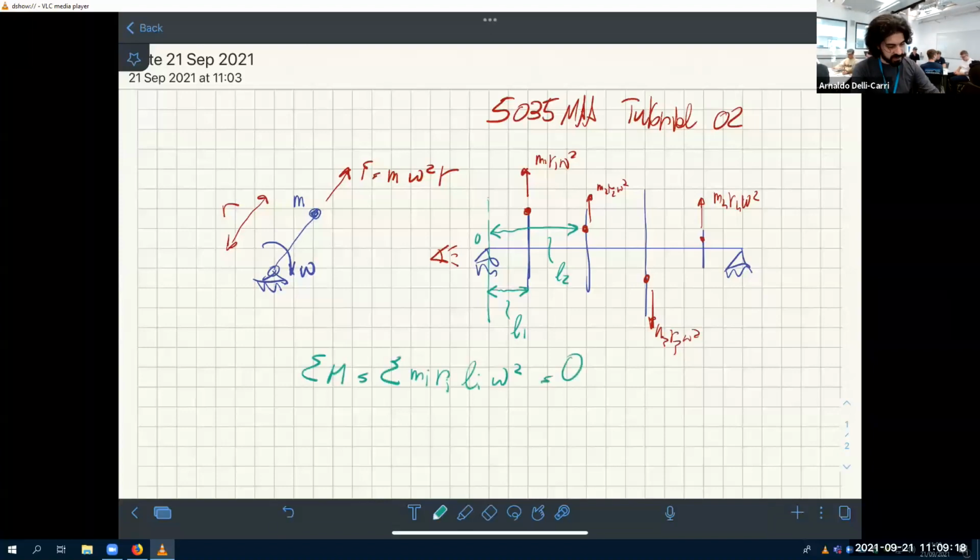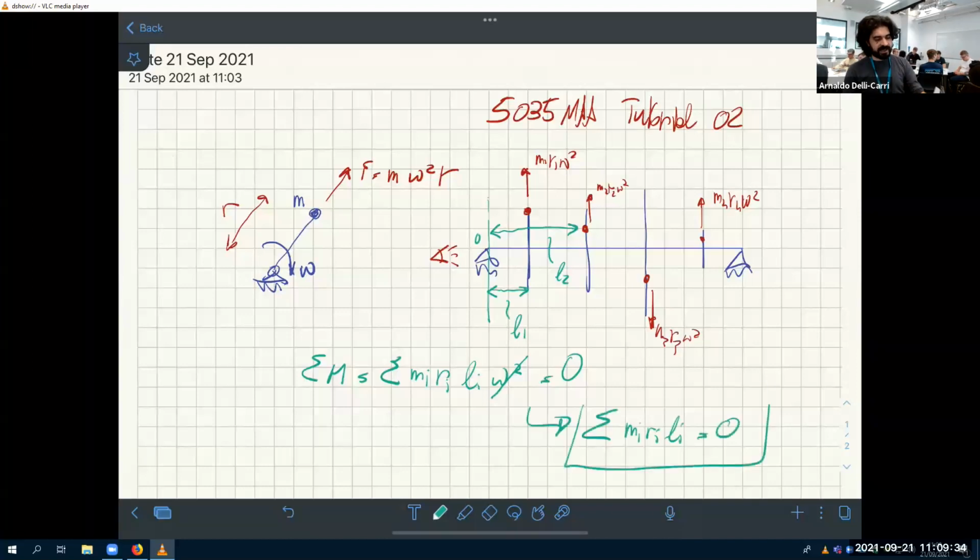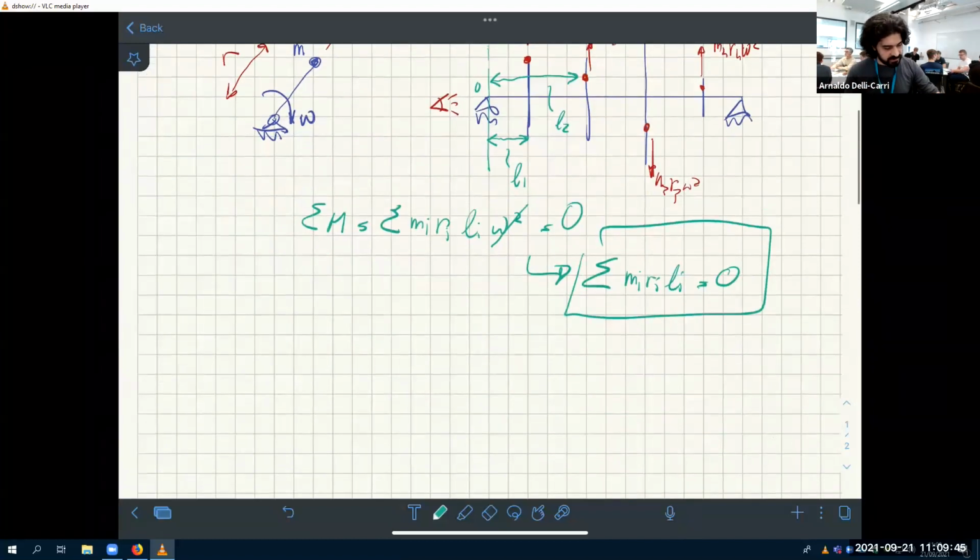Omega squared goes outside of the sum because it's common, so you are left with the sum of Mi Ri Li equal to 0. And this is the MRL diagram. Of course, this is also withstanding the fact that you still have the sum of forces equal to 0. So this gets added to the MR diagram that we did last time.